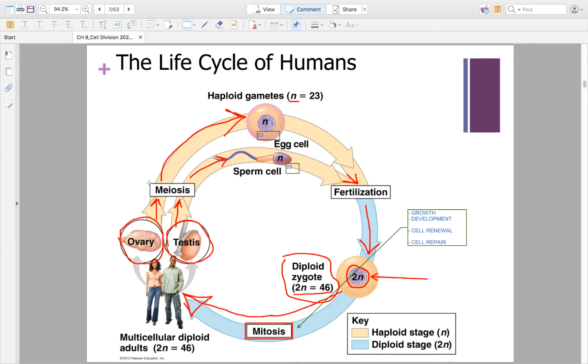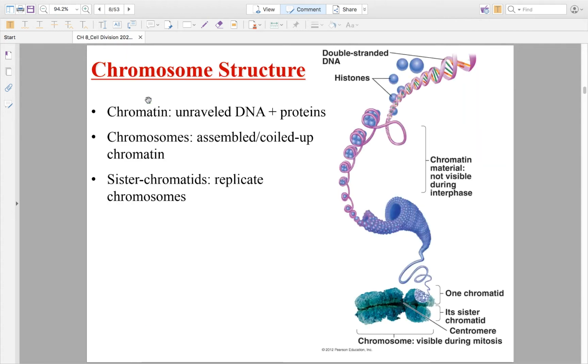Meiosis has one purpose and one purpose only: to generate the sex cells, to generate haploid gametes. That's all. All right. Now, let's look into a couple of important factors before we jump into the steps of mitosis.